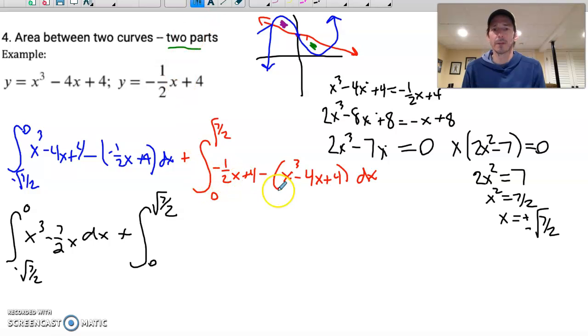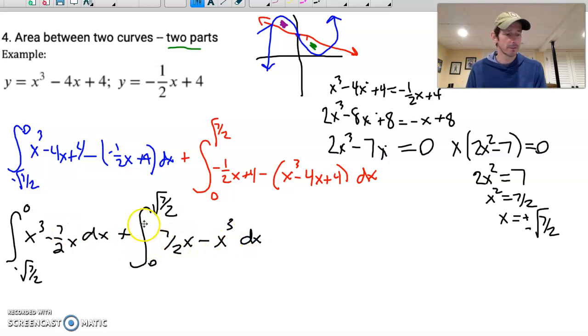So negative 1/2 x minus a negative 4 becomes plus 4x. So this is a positive 7/2 x. 4 minus 4 is gone, and minus a negative x cubed means minus x cubed. So you'll notice that these two functions are exact opposites in terms of signs, and the bounds are also opposites in terms of signs.